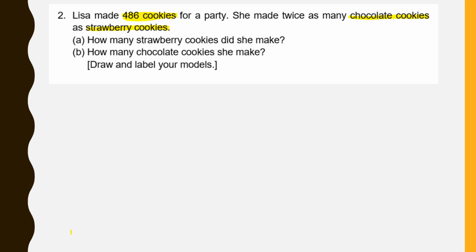Okay, so I won't draw a model first, I'll just draw a simple mind map. Cookies. So there's chocolate, just short form for this, and there is strawberry.